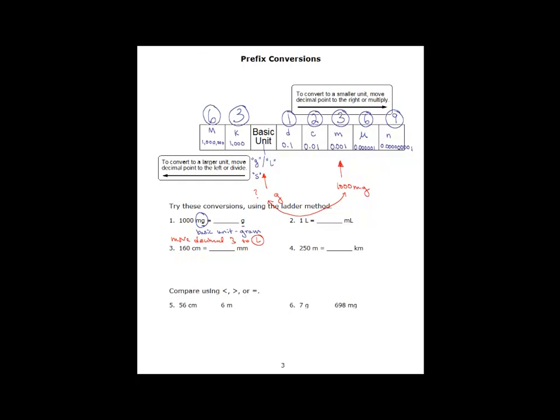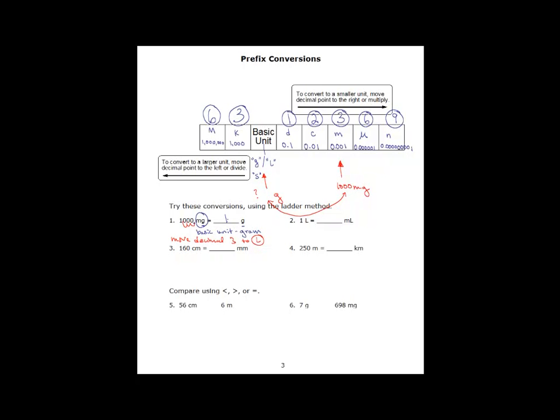So currently there's no decimal point. It's not explicitly written, but it's implied that it's right here. So I'm going to move this decimal 3 to the left. So move it 1, 2, and 3. So that gives me 1,000 milligrams is 1 gram.